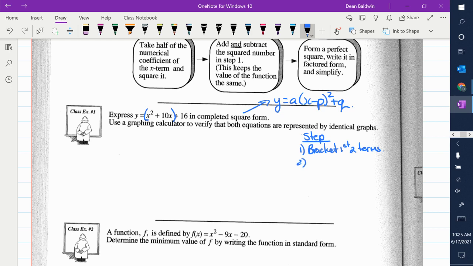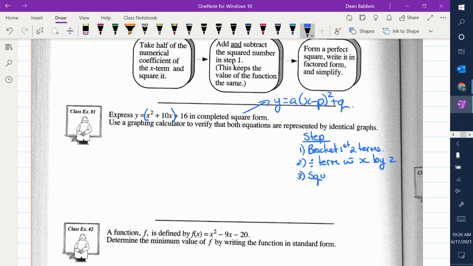Second step, take half, and let's say divide the term with the x by 2. So you kind of do that in your head, or you can write it off to the side if you want. So what's 10 divided by 2? 5. Okay.